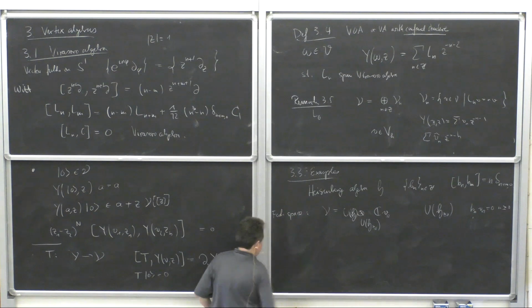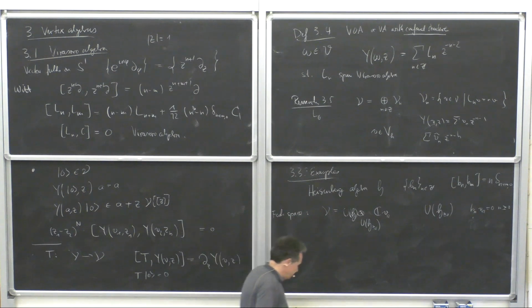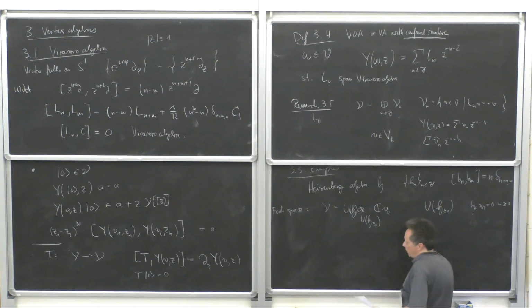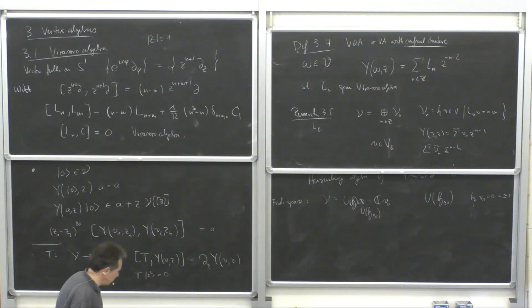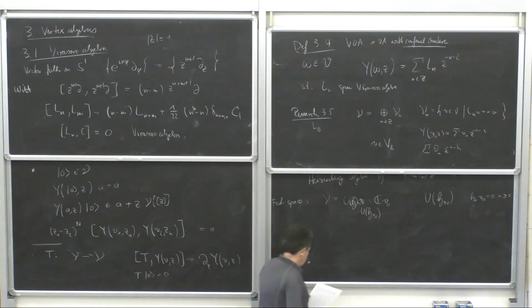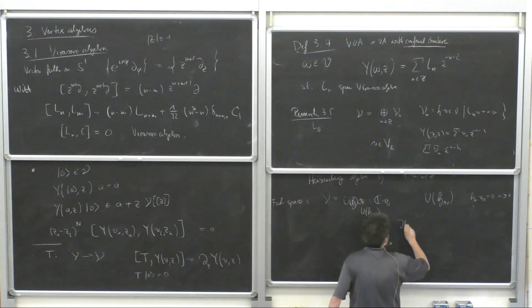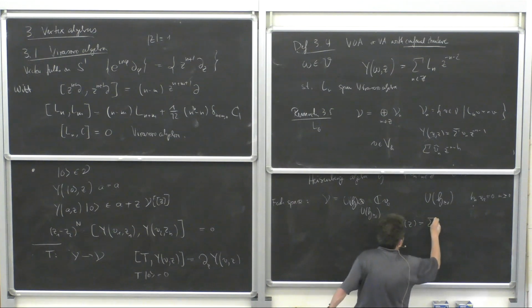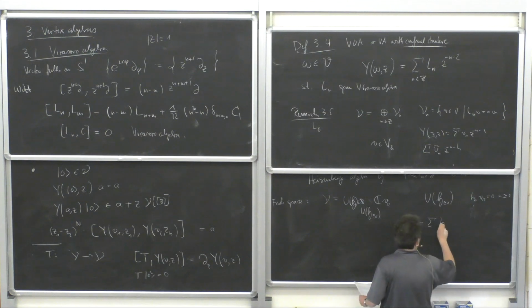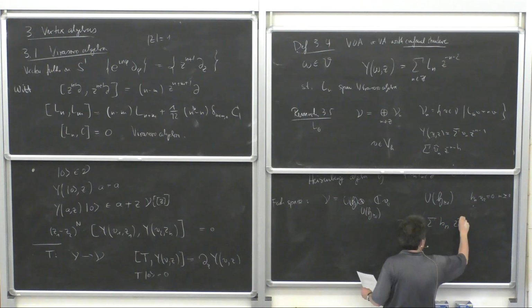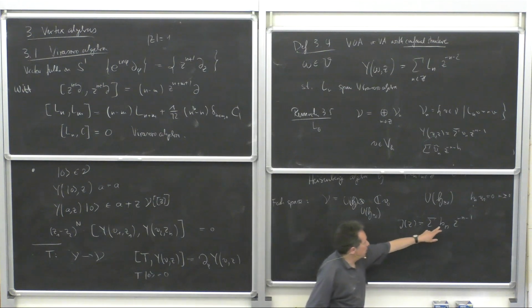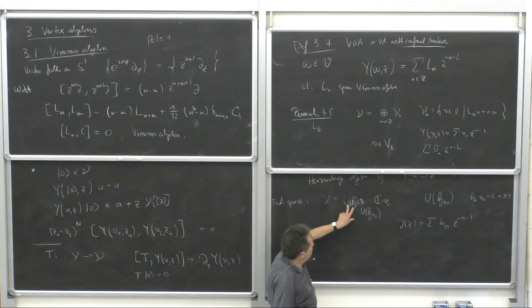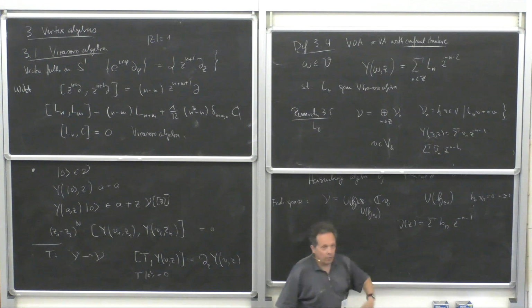And this Fock space, well, now in order to define this map Y, and I should say Y is also called the field-state correspondence, it's helpful to introduce again such a formal sum, b_n z^{-n-1}. It's clear that each of the b_n's acts on this space, right? So I have such endomorphisms for every n.